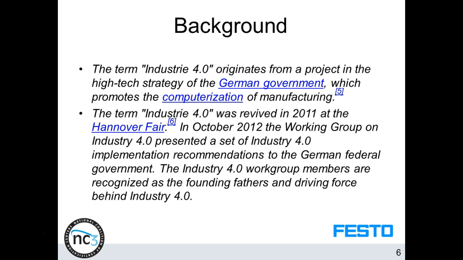The Industry 4.0 work group members are recognized as the founding fathers and the driving force behind Industry 4.0. And of course, this is a big company called Festo. Have you ever heard of Festo? Yeah, if you've seen any fluid power stuff and control stuff, Festo is one of the most widely recognized control systems companies, especially in fluid power like pneumatics and hydraulics.